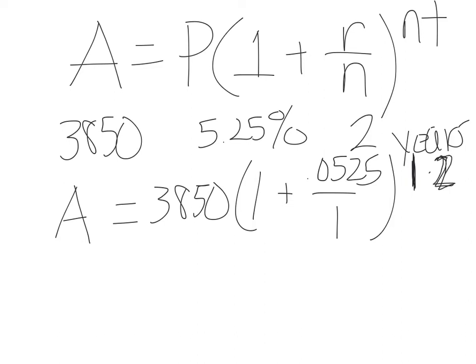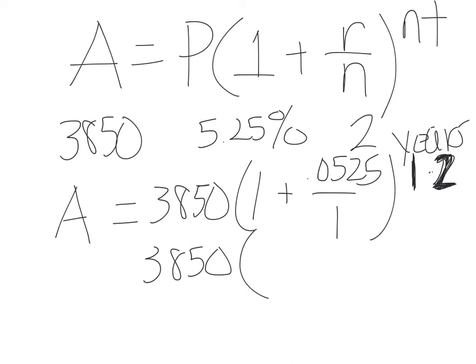Now there is an easier formula to use if you're only compounding once a year, but we're using the same formula for other ones as the more complicated ones. The more complicated ones have when the number down here and up here would be different, but we'll get to that. All right. So for now, 3850, and hopefully this makes sense.